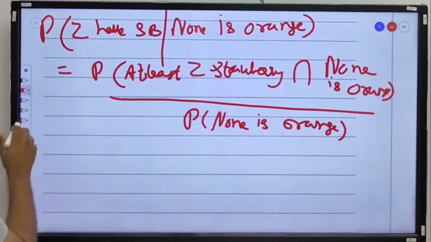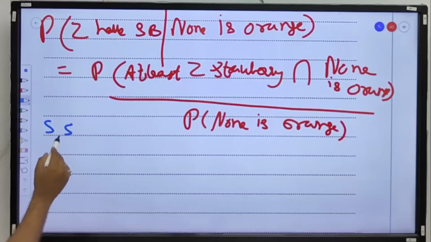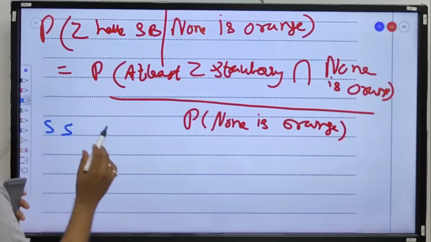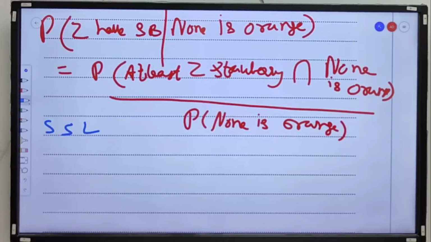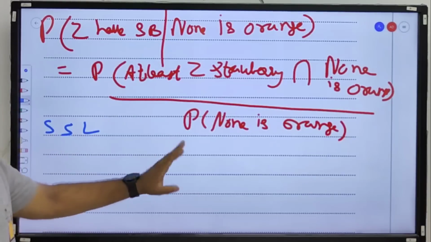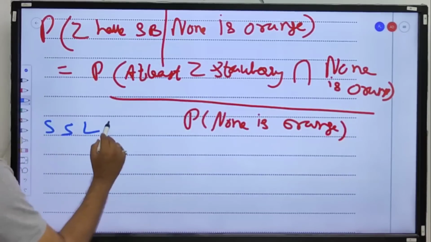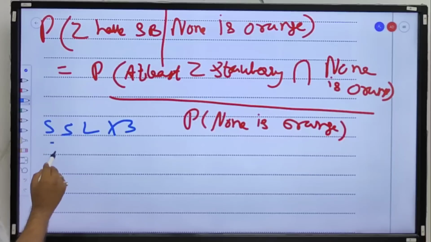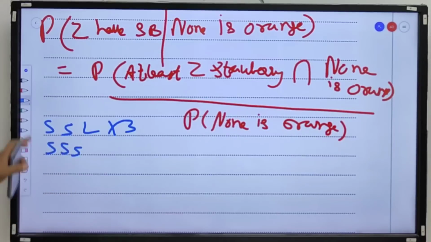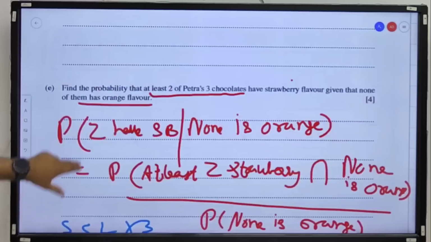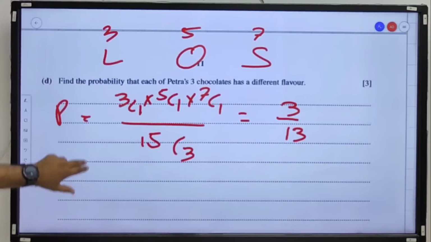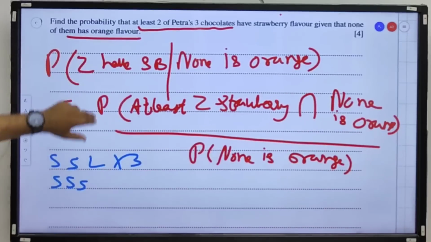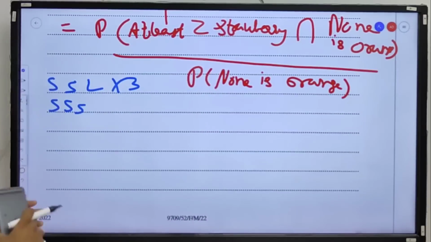So we can have strawberry, strawberry and the other flavor is lemon. This will be multiplied with 3 because we can have strawberry, strawberry, lemon; strawberry, lemon, strawberry; and lemon, strawberry, strawberry. And we can also have strawberry, strawberry, strawberry. We have 7 strawberries, 5 orange and 3 lemon.